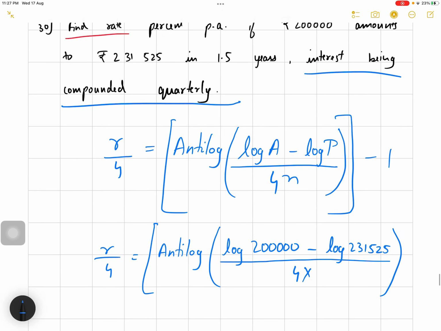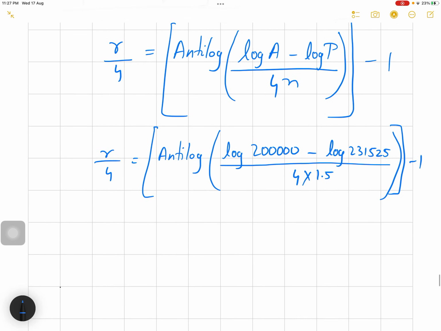So 4 into n is 1.5, minus 1. Okay, substitution done. Let's start solving.